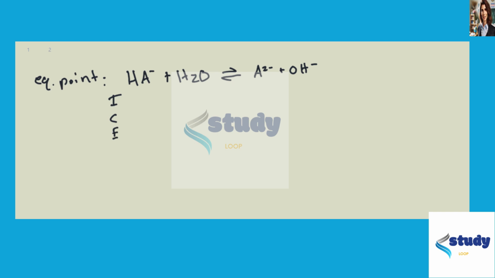So this can be done first by calculating the volume of base that we need. So we know the number of moles that we need. And if we divide by concentration of base, we get the volume of base that is used.